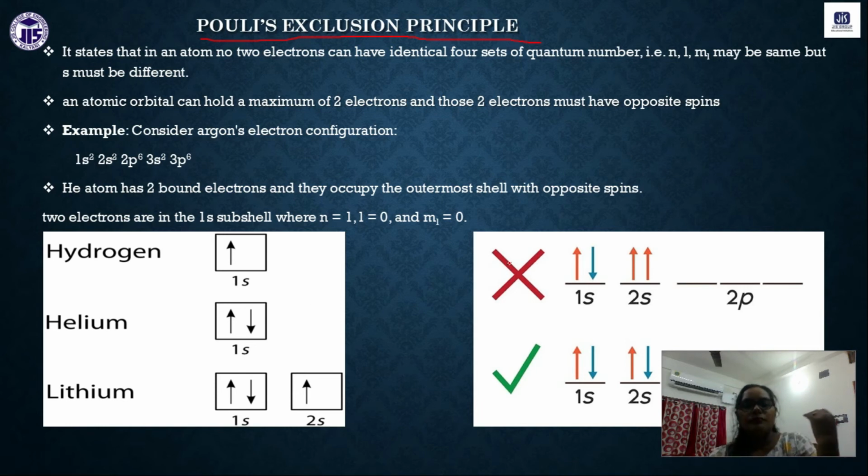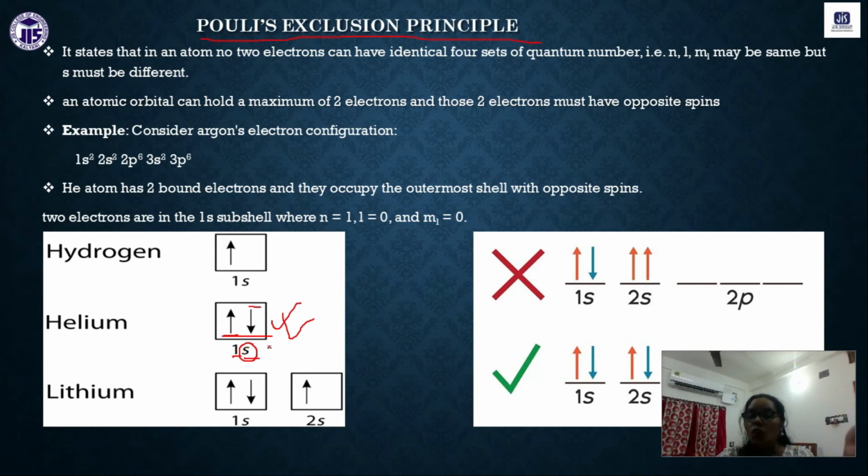Like, if we have helium, the electronic configuration of helium is 1s2, right? For these two electrons, you can see that three quantum numbers are the same. The principal quantum number is 1, the azimuthal quantum number l is 0, that is s, and the magnetic quantum number ml is 0.